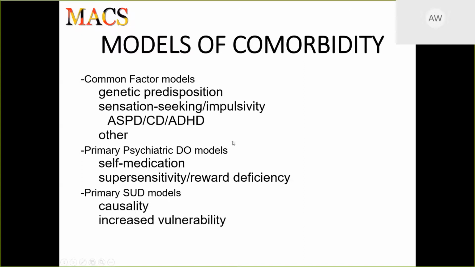So again, these are three ways of looking at comorbidity, and what's important is that a lot of times the literature will present one or another of these as being what causes comorbidity, and I think the reality is that with different patients, it's more or less of one of these that's contributing to the comorbidity for them.